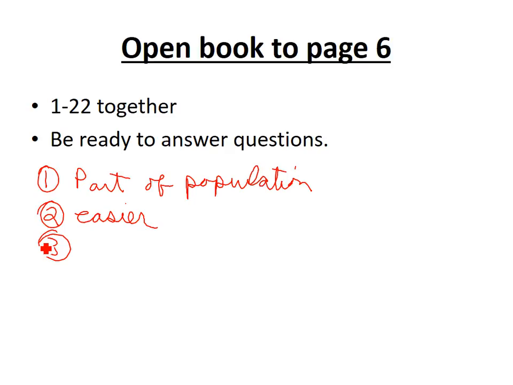Number 3, what's the difference between a parameter and a statistic? The easiest thing to do here is that little drawing. Parameter goes with what? Population. Statistic goes with what? Sample.